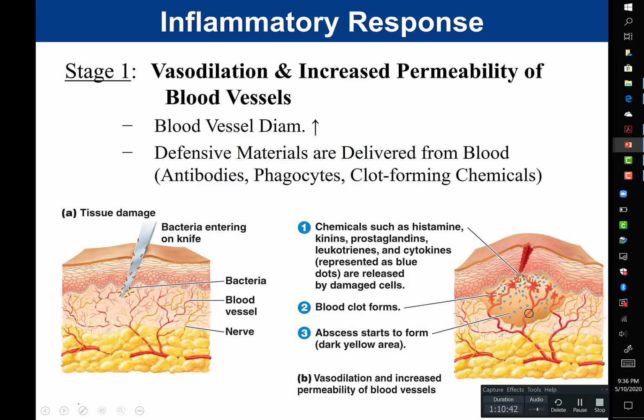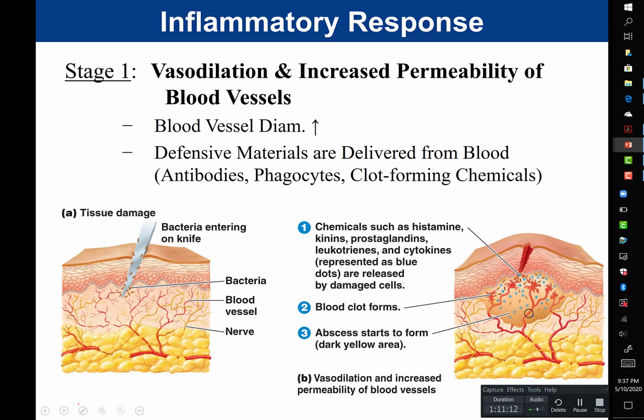Again, stage 1 of the inflammatory response is going to be vasodilation and increased permeability of blood vessels. Let me walk you through how this works. Let's say you are cutting meat to make dinner and you make a mistake and you accidentally cut yourself with the knife.